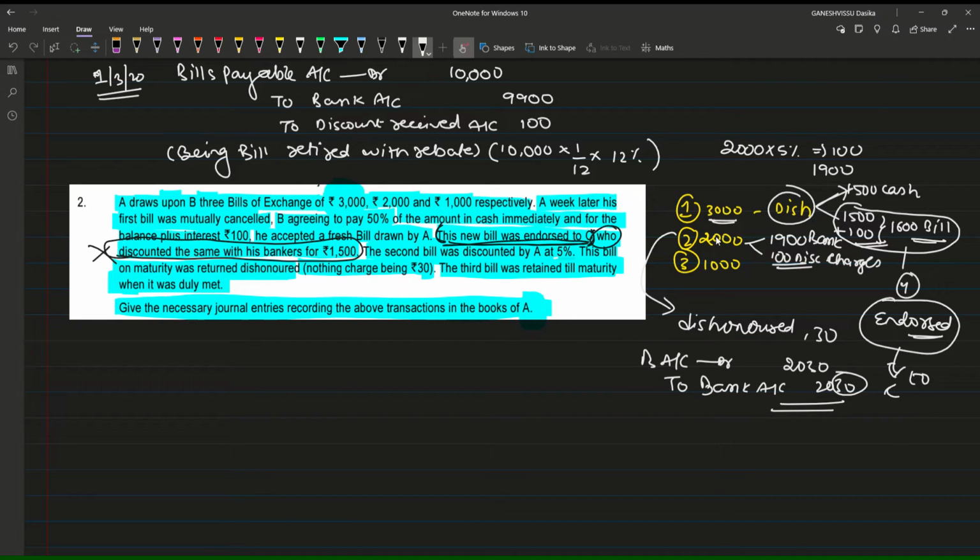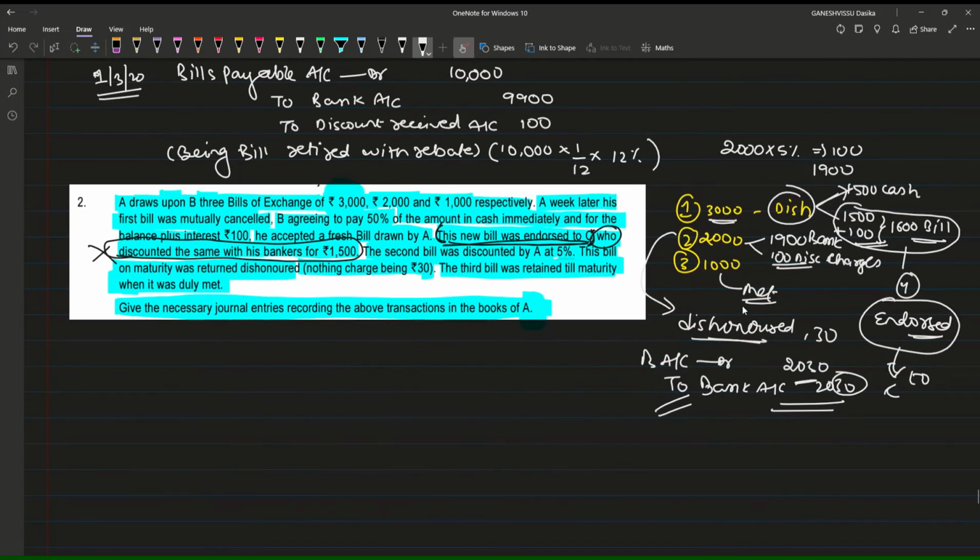The second bill which was returned dishonored has noting charges of ₹30. So this is the entry which we need to record at that time. And the third bill was met. Met means the amount has been received.